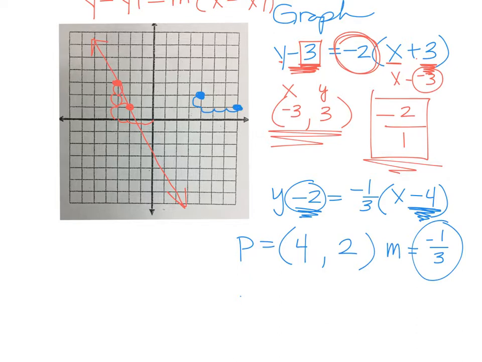You always move to the right 3, okay? So then if we draw that in, it'll look like this. One way to check is a negative slope is on its way down, right? Well, this was a negative slope, and it's definitely on its way down. So then you know you're at least in the right mode with your slopes, okay? Questions on that?